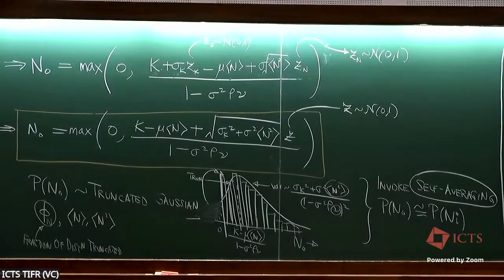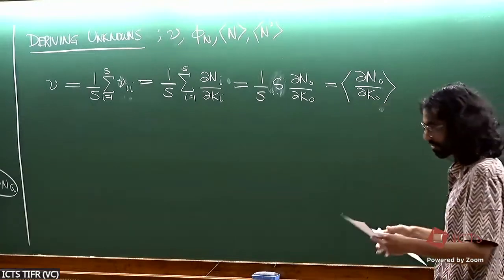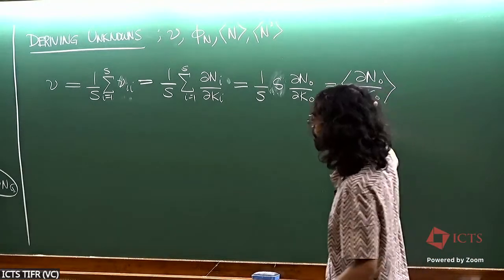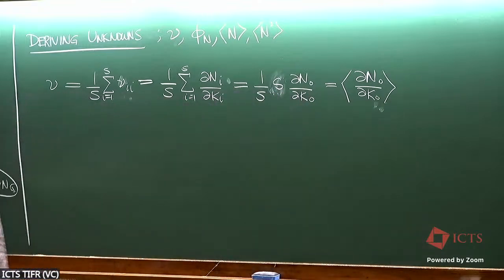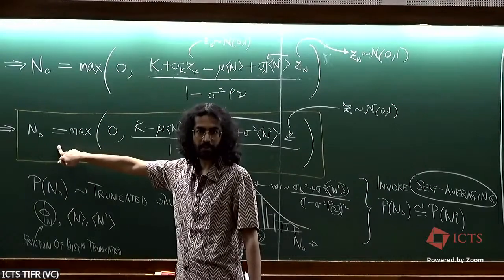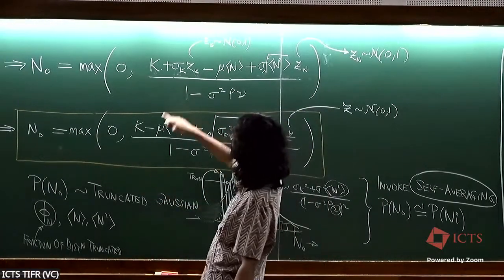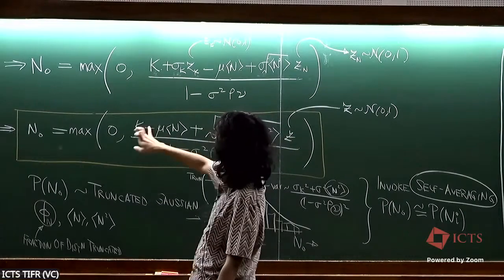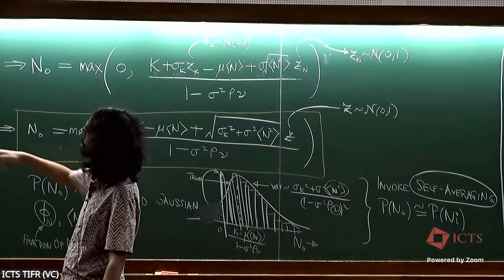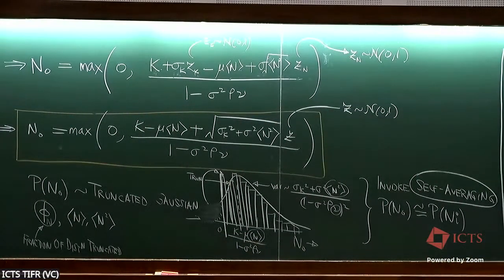And I'm doing this because this is something I can write down. How do I get this? Everyone knows how to take a partial derivative, right? So I have an expression for N0. You can take a partial derivative with respect to K0, in which case I should just get rid of this K plus sigma K. Just think about my K0 over there. And what would I end up getting?